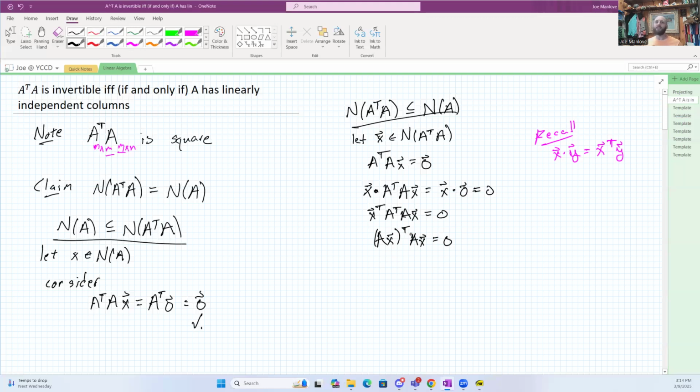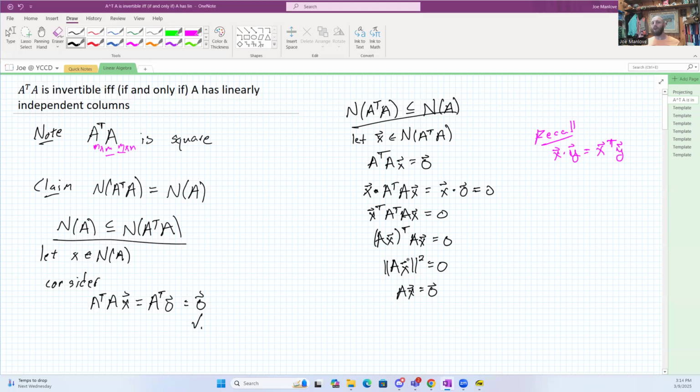All right, so I've got AX dotted with AX. So that tells me that AX's magnitude squared is equal to the zero scalar. That's going to mean that AX itself has to be the zero vector.